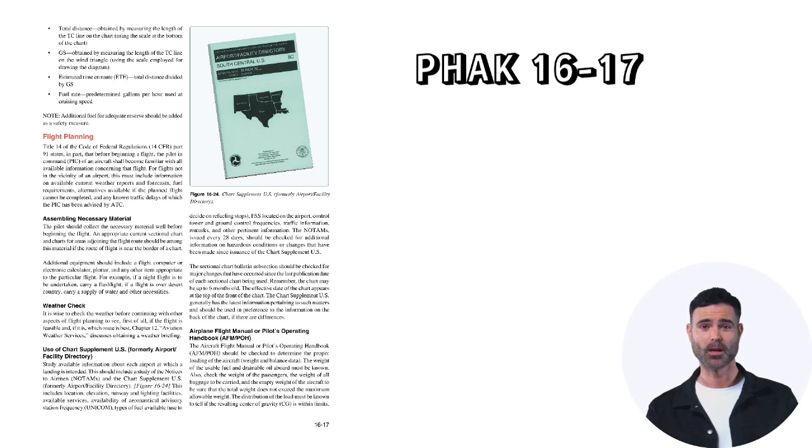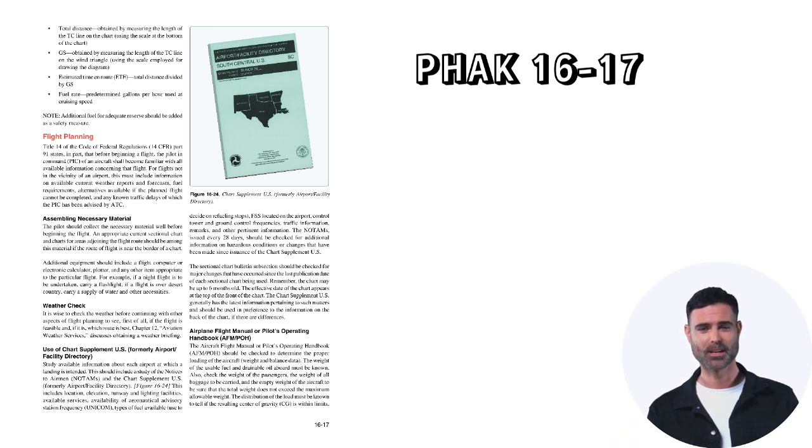Airplane Flight Manual or Pilot's Operating Handbook, AFM/POH. The AFM/POH should be checked to determine the proper loading of the aircraft and weight and balance data. The weight of the usable fuel and drainable oil aboard must be known.